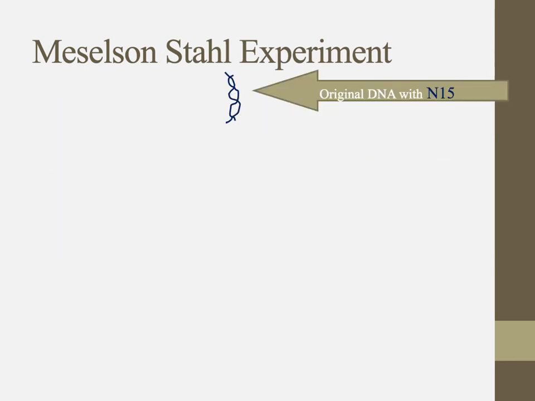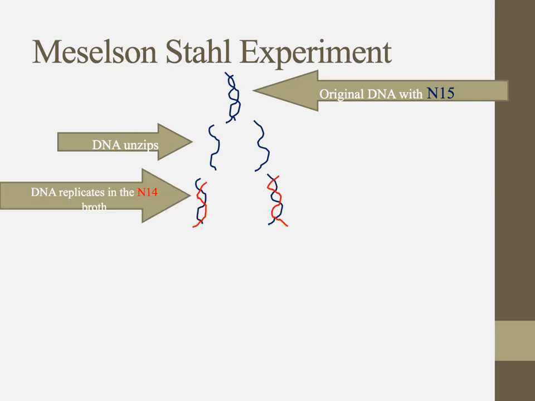So here they are, starting with this heavy DNA, nitrogen 15. When they moved it to the lighter medium, the first thing that's going to happen is those original strands are going to unzip. Again, DNA helicase here. When DNA was allowed to replicate in the lighter nitrogen, that allowed each of these original strands to be used as a template to build a complementary strand.